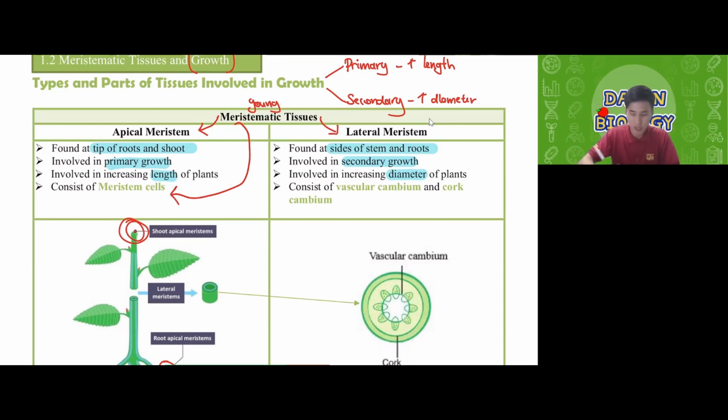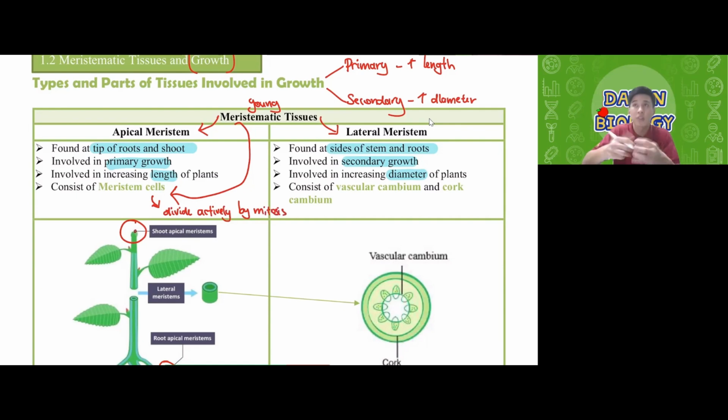These cells are baby cells, like I said, so they can only do one thing. Because they're babies, they don't know anything. They can only undergo cell division. So their function is to divide actively by mitosis.